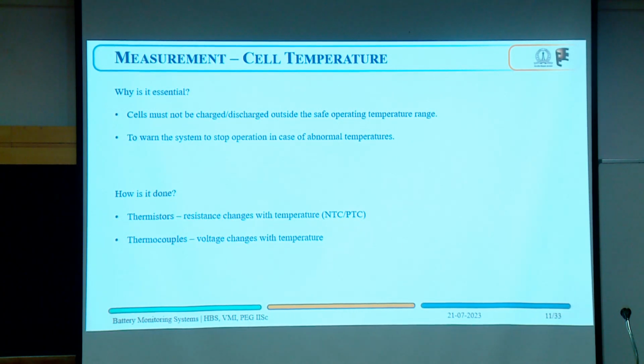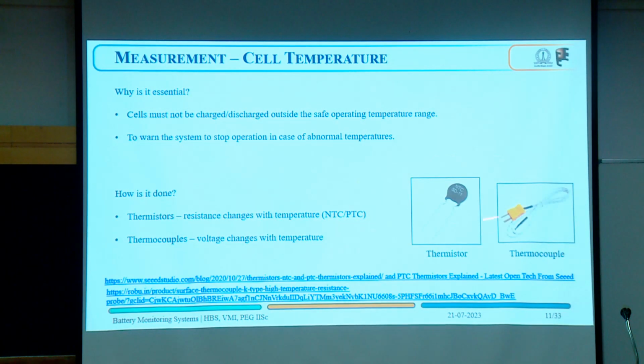Based on the temperature, it will generate a proportional voltage, which is fed to the ADC or our microcontroller. These are pictures of an NTC and a typical thermocouple. These thermocouples we can use with our multimeters as well, which have a conversion from temperature to voltage.